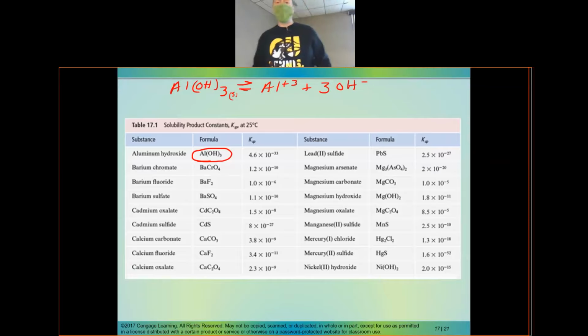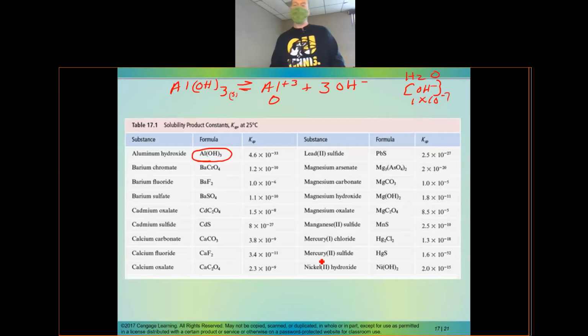Unfortunately, I wanted this to be 0 and 0, and that's the way I did it with the other class. This class, I'm going to do it different. I know this is 0, but I do know that we are aqueous, which means we have H2O, which means my concentration of OH minus is 1 times 10 to the minus 7.